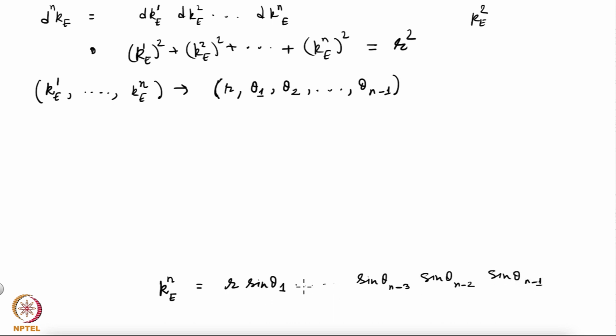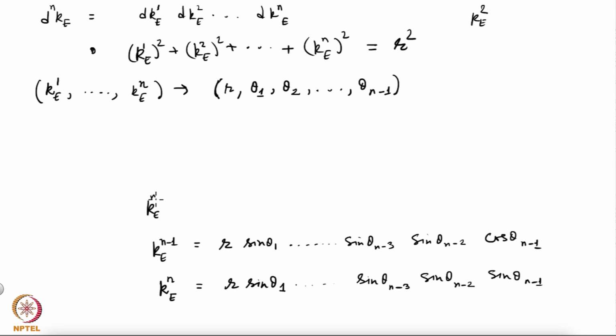Okay. So, for ξ_{n-1} I am parameterizing as r sin θ1, sin θ2 and so forth, sin θ_{n-3}, sin θ_{n-2}, cos θ_{n-1}. Okay. I will soon tell you why I have done it this way.